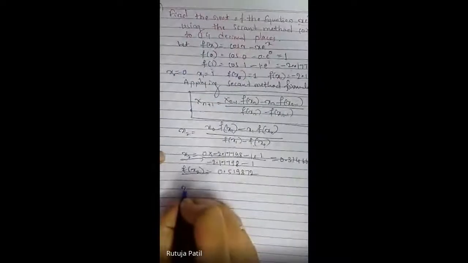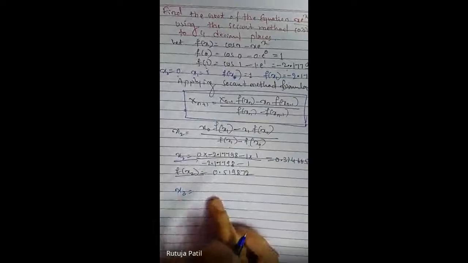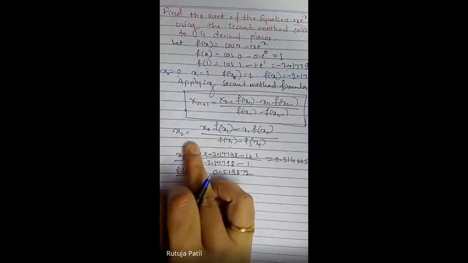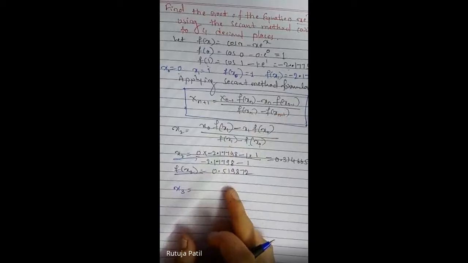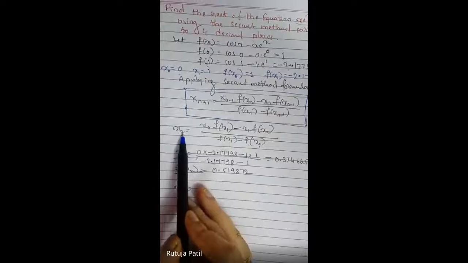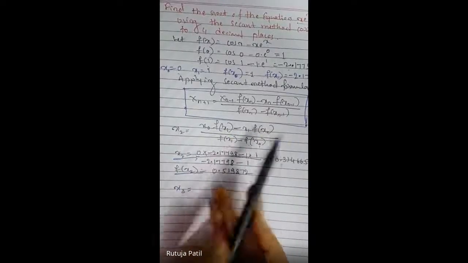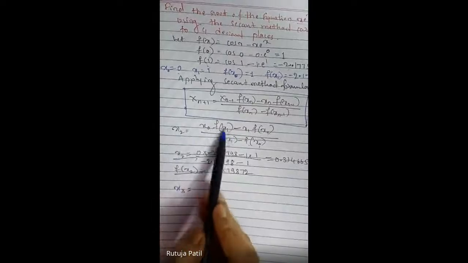Next we need to find the x3. So derive the formula for x3. It's simple. Instead of putting the value every time, you can observe here what we are having. One number is there, minus one number, that will be our f term.